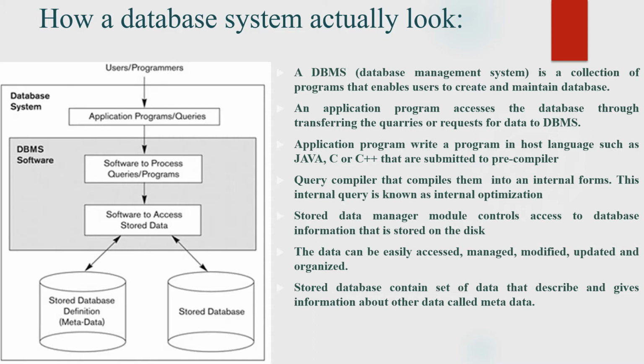Now coming to the database software, it consists of a software processor or query compiler. What does it do? The query compiler works as an internal form where it takes the high level language and converts it, and tells the storage what it requires and what you need to give to him.